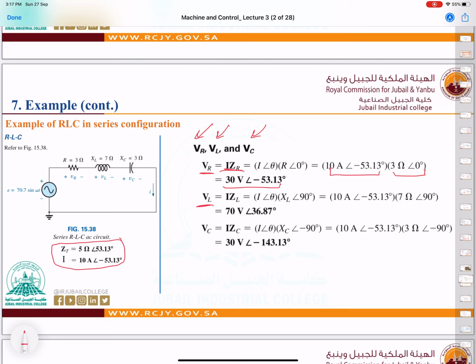For the voltage of the inductor, we know that XL is plus 90, so multiply them together and we find this magnitude with angle. VC is again minus 90, so this is the angle and magnitude of the voltage of the capacitor. I think it is easy. Try to practice again.